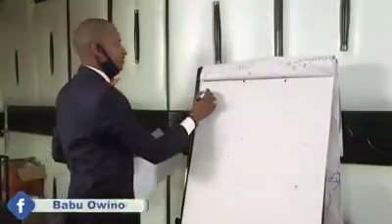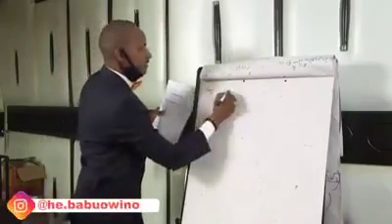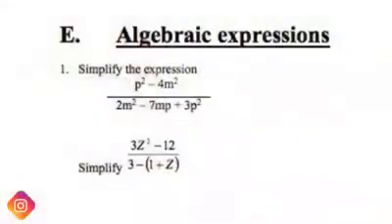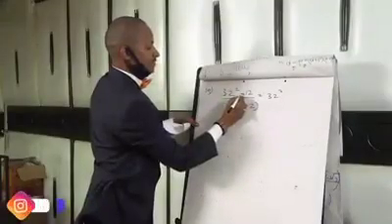Question 10. 3z squared minus 12 divided by 3 minus 1 plus z. Remember I told you to observe the difference of two squares. Simplify. So here we can see 3z squared minus 12.